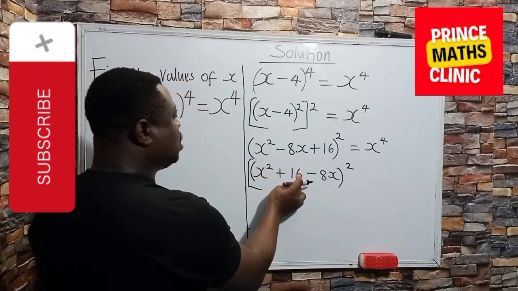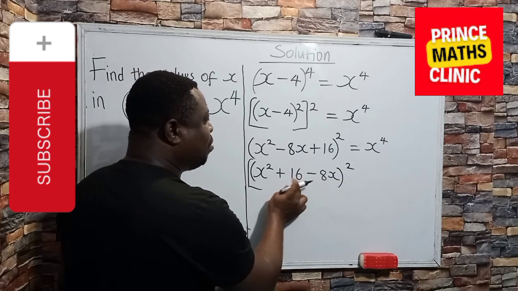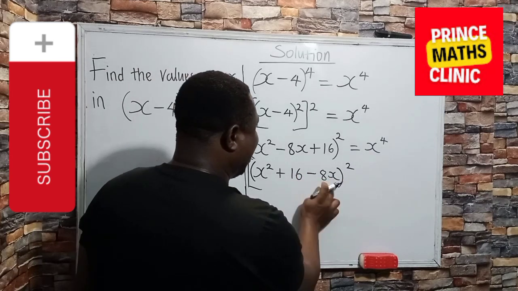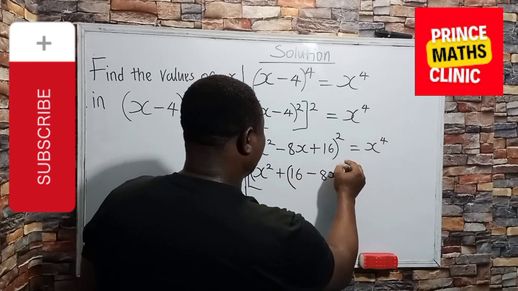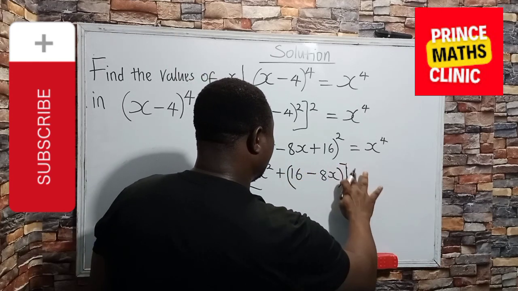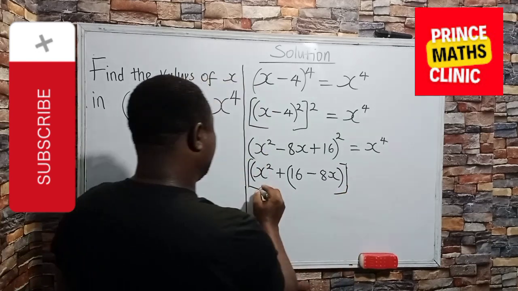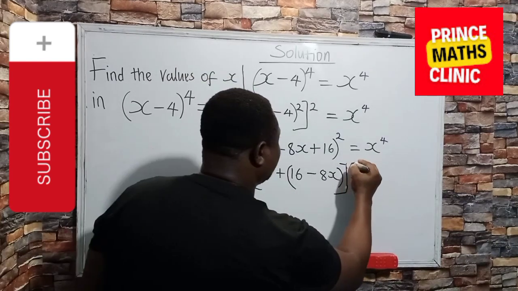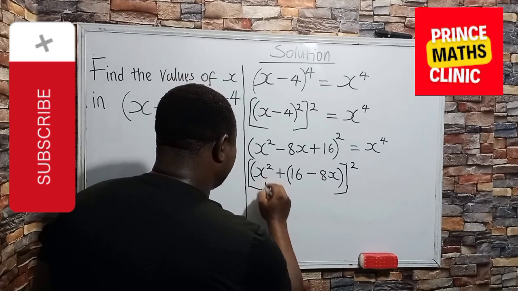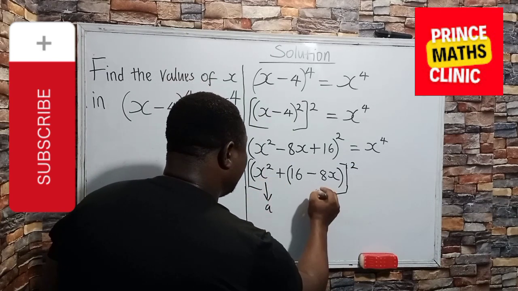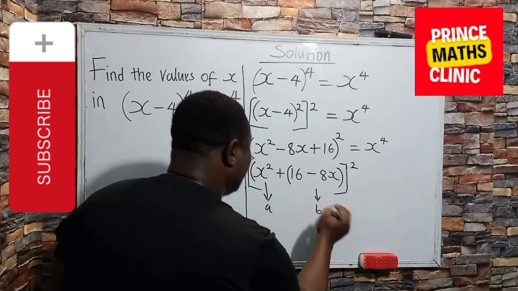I want to put this in a special bracket, so I will create it. Now it is not everything that is squared, such that this is my A, this is my B.